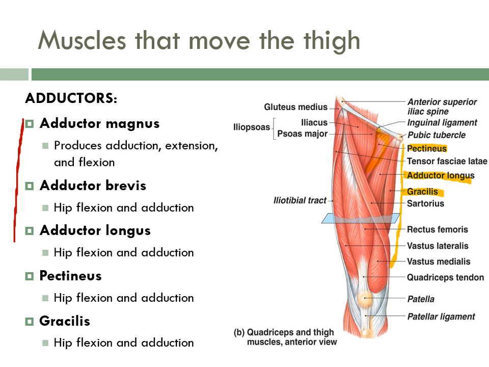So just know the names of those muscles, and that if it's going to adduct, it's going to be on the medial side of the leg. You can't contract a lateral muscle and expect that it's going to pull the leg inward. So adductors are all going to be in the medial thigh, and three of them are named adductor, and then the pectineus and the gracilis are the other two.